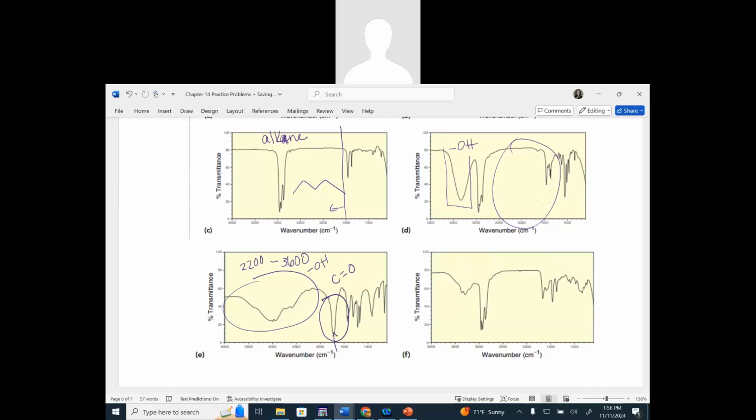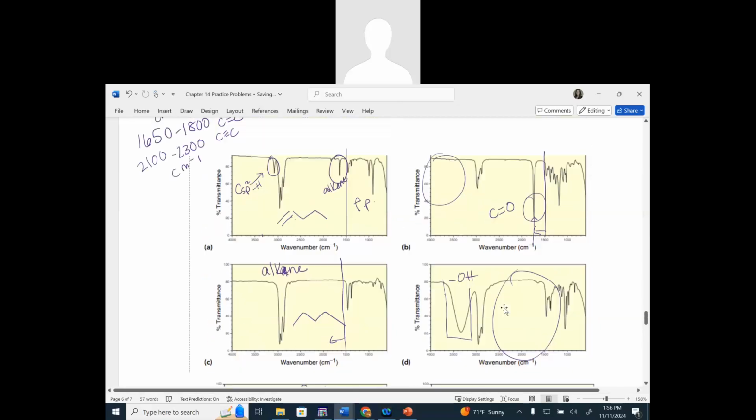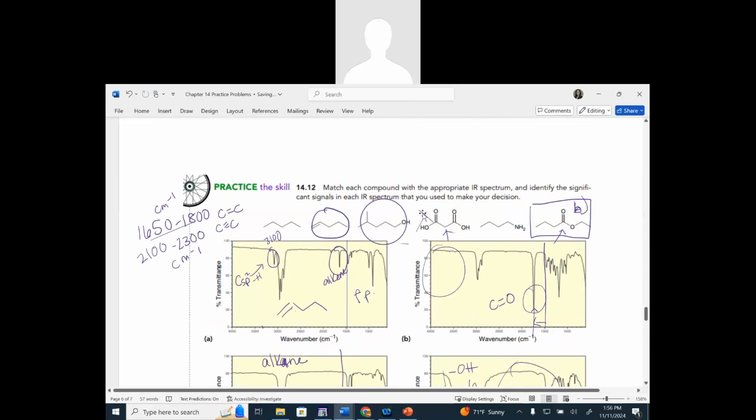So both of these would contribute to us determining this compound could be a carboxylic acid, and the only one shown in our groups up top here is this structure. So this is actually a dicarboxylic acid, but this would be our structure E.